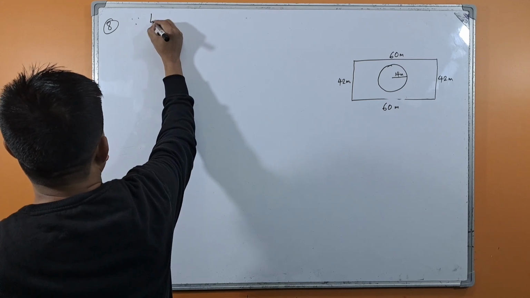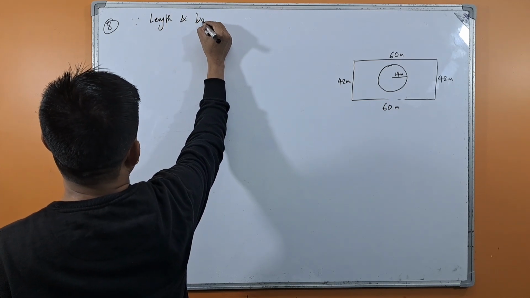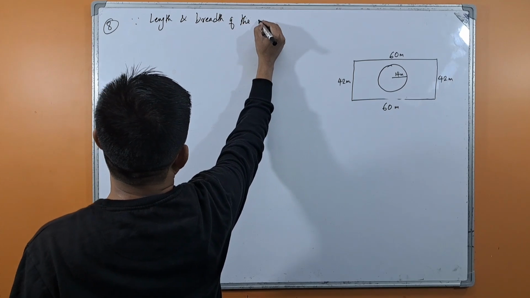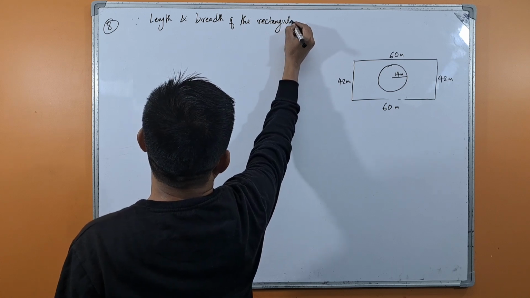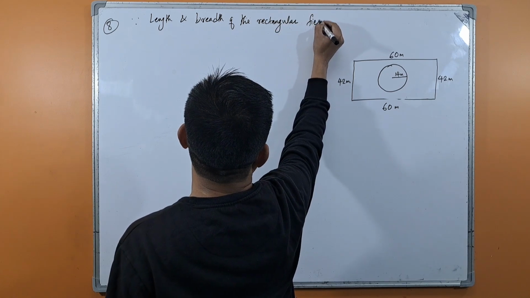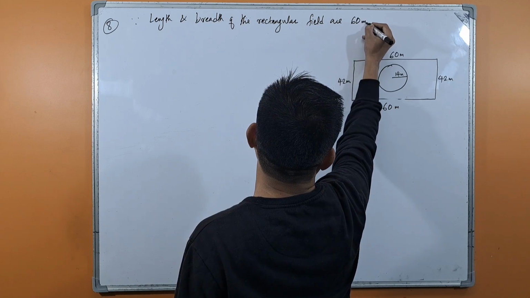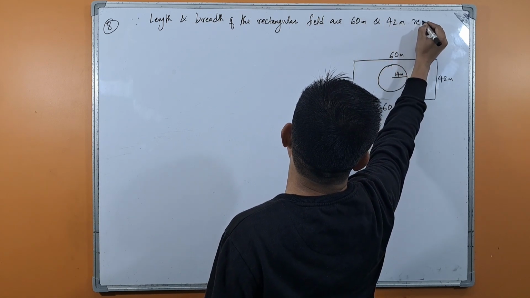Since length and breadth of the rectangular field are 60 meter and 42 meter respectively.